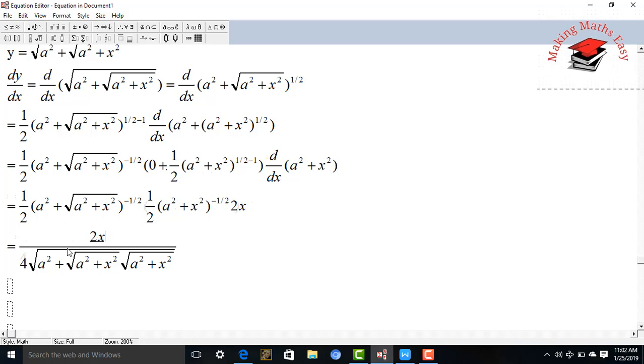So here it is 4, here it is 2x, we can cancel. So here it will become 2, and here it will become x. So the final answer is x upon 2 into the square root of a square plus x square.